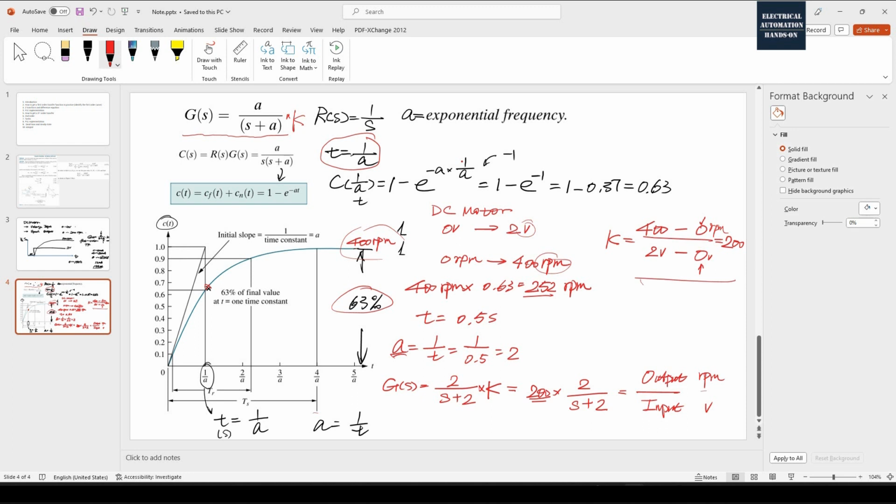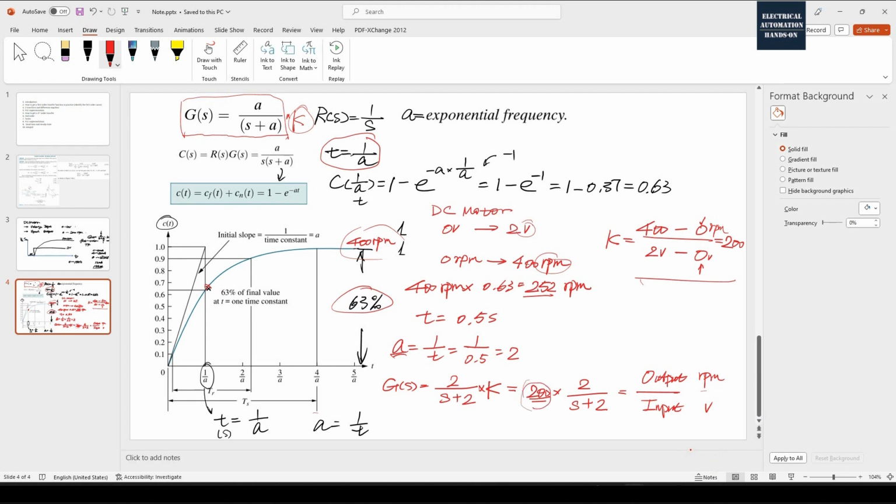Here, we need to be very careful. The very original style of the transfer function doesn't have any unit behind it. It only represents the behavior of the system. That's why it doesn't explain the K, the gain here. Once we apply the gain as a part of the first order transfer function, this G(s) will represent something.